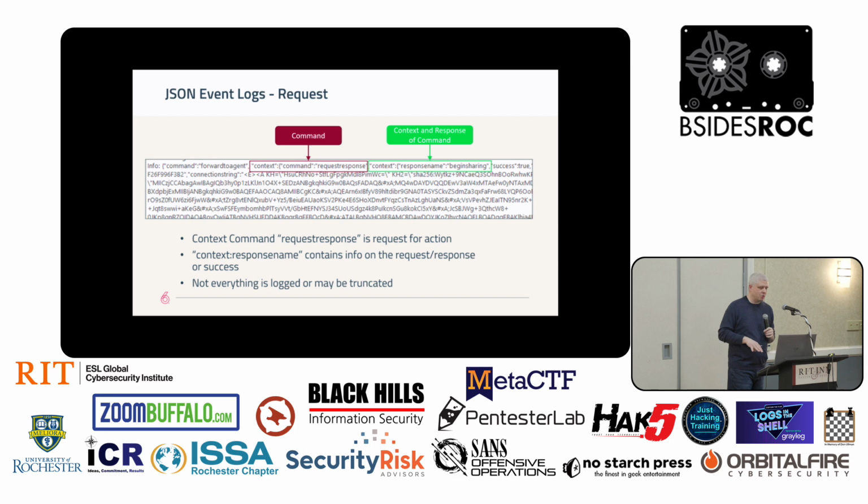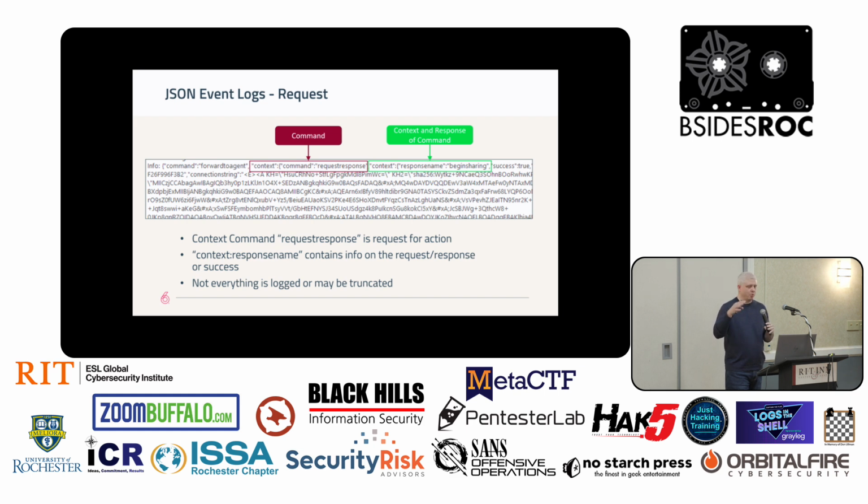Then you have that connection string, which is a lot of base 64 and other stuff in there. Sometimes that contains information, sometimes it does not. Overall, looking at all of the event logs in this format, not everything is logged. So everything that is done within the session is not logged, and that connection string may be truncated.